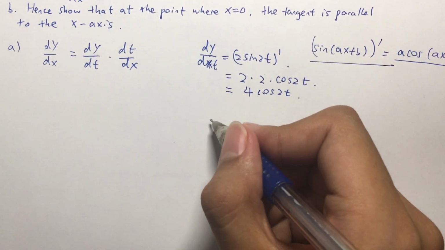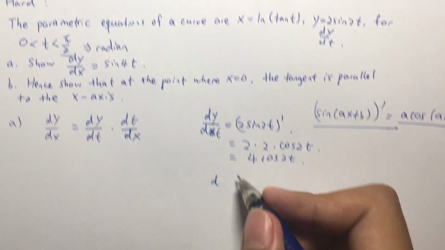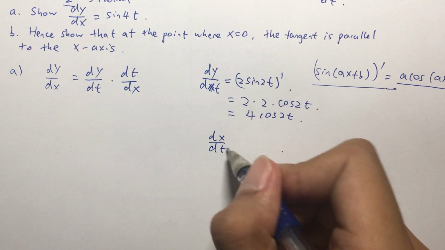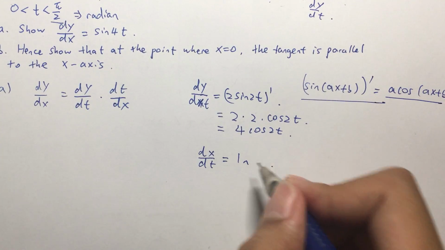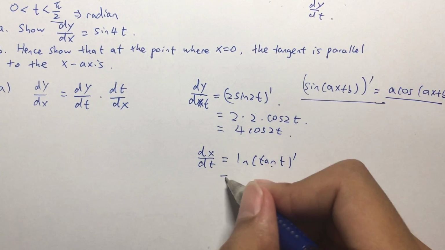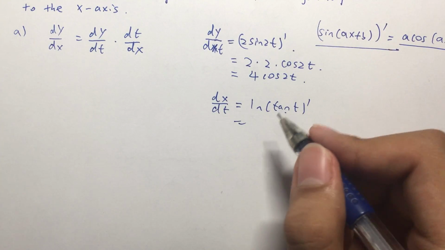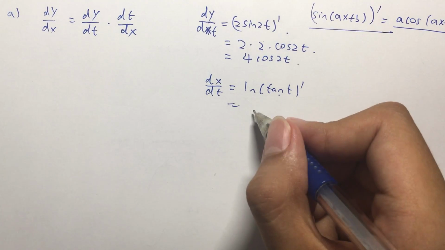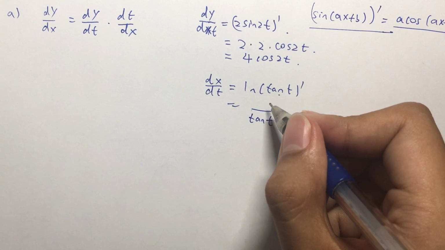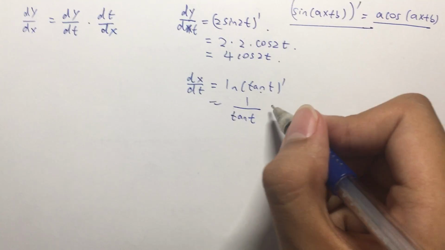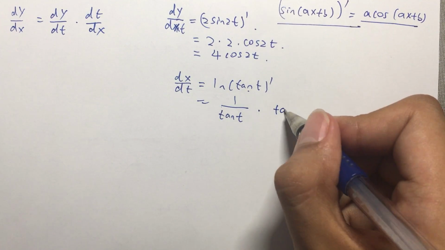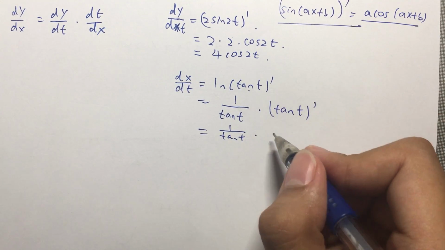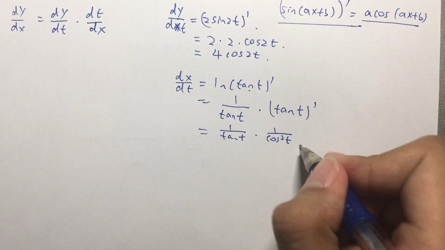And for dt over dx, we can't find it straight away because we have dx over dt. So let's find dx over dt first, which is ln tan t differentiated, which we also learned in previous videos. It's quite similar to sine, but it becomes 1 over tangent t times tangent t dash, which is 1 over tangent t times 1 over cosine squared t.